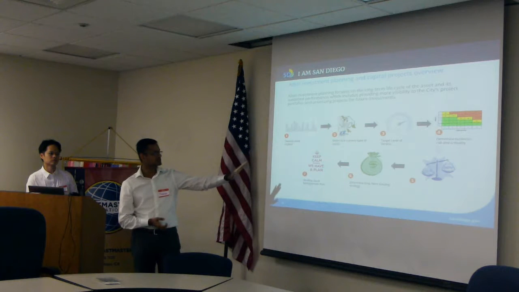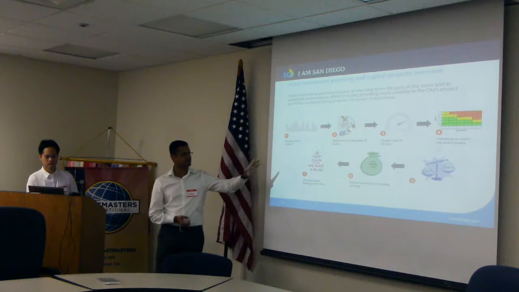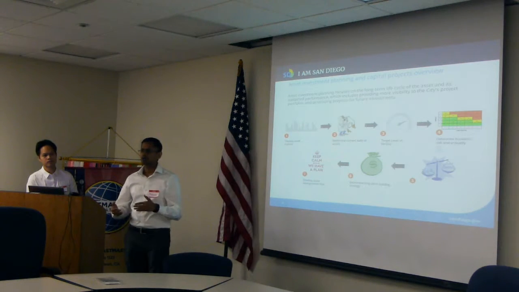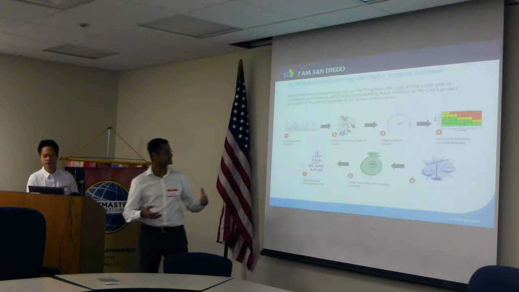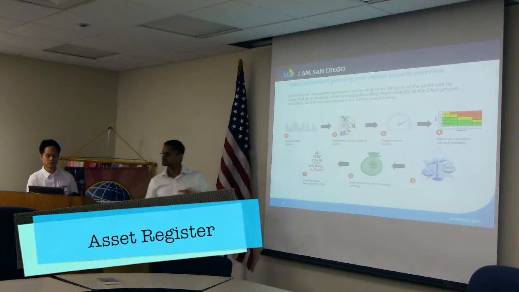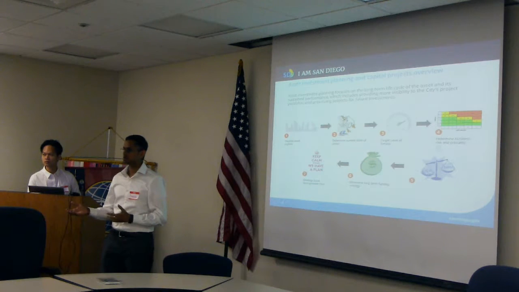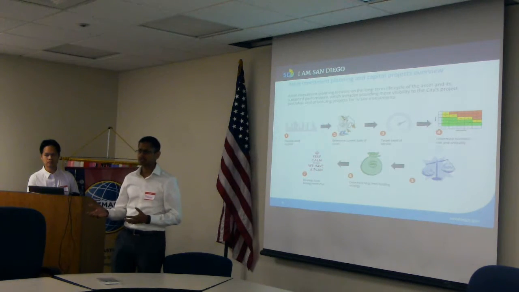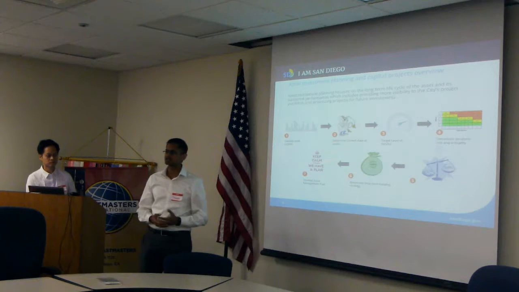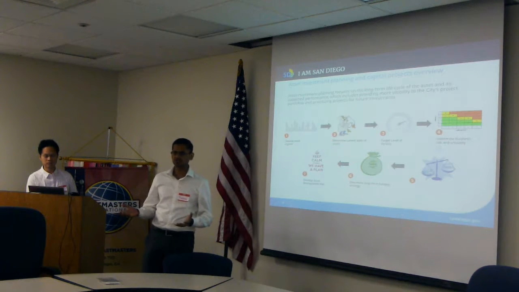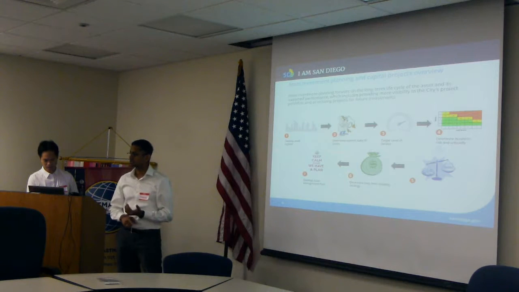The chart here shows a typical asset life cycle, where it all starts with building up a repository of assets, which is called the asset register. The city owns a lot of assets, belonging to different departments, located at various parts of the city with different conditions data.